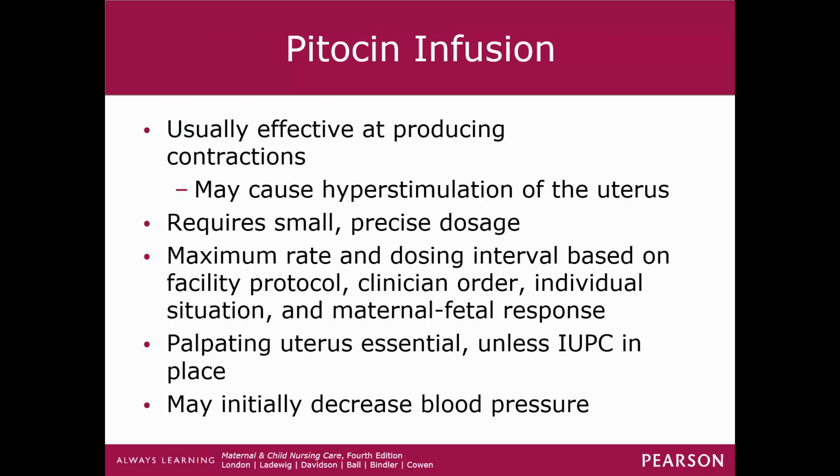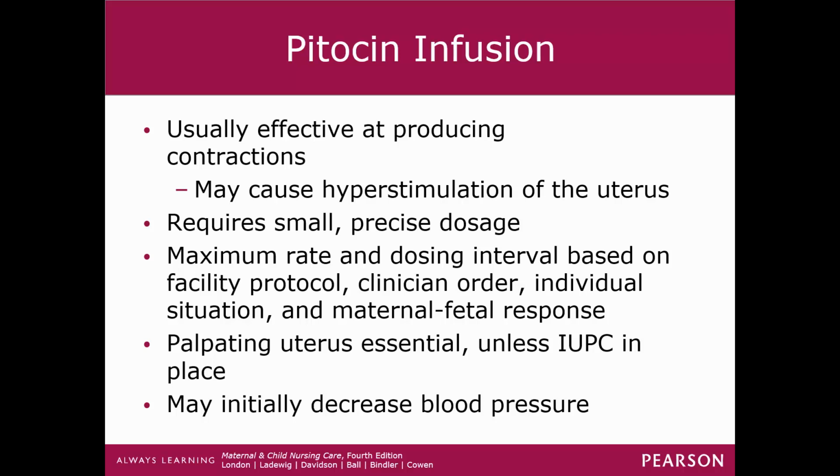Now the hallmark is Pitocin. The other name for Pitocin is oxytocin. A woman naturally produces oxytocin. That's what causes labor, but we can give it as Pitocin IV, and there's a really strict protocol that we use when we give Pitocin.